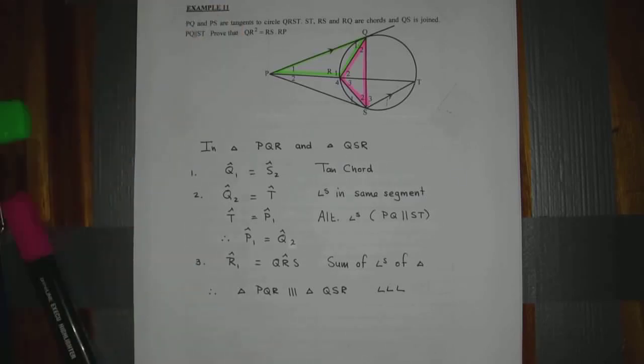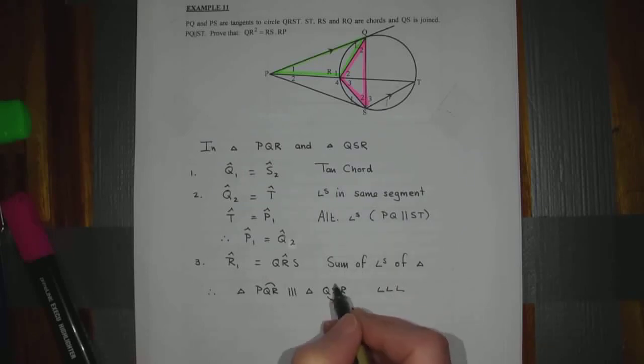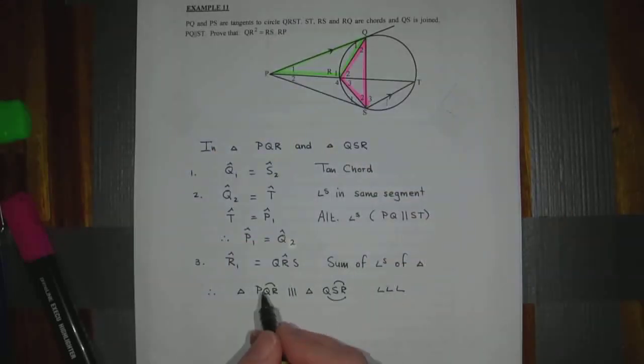And then I go back to what I originally wanted. I wanted QR twice. So I'm going to put it over here, and I'm going to put it over there. I needed SR, or RS, so there, and I needed RP, so there. So that's actually pretty easy.